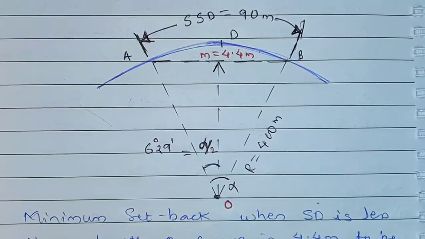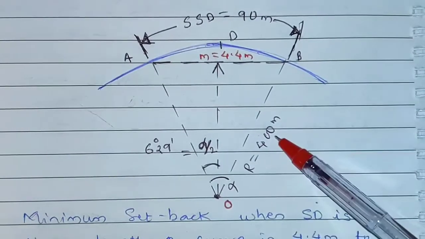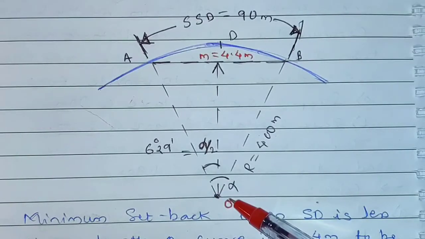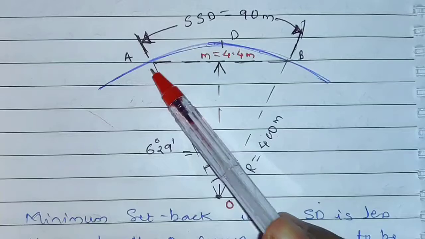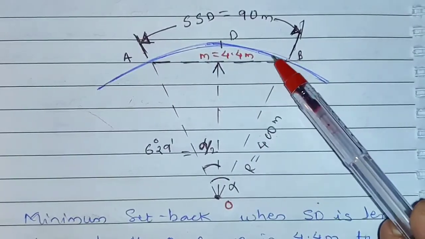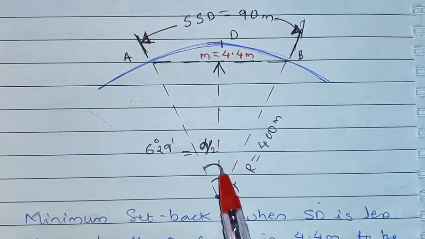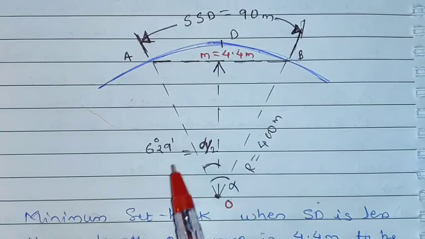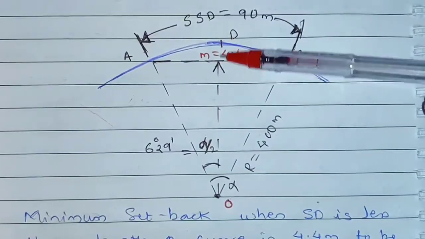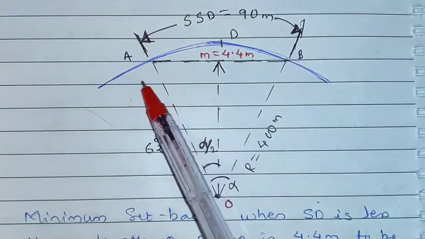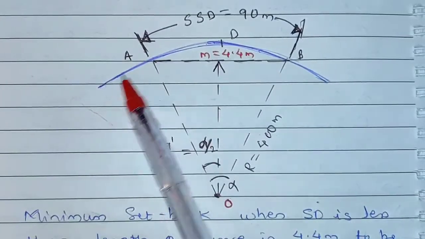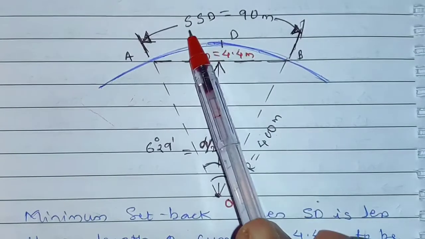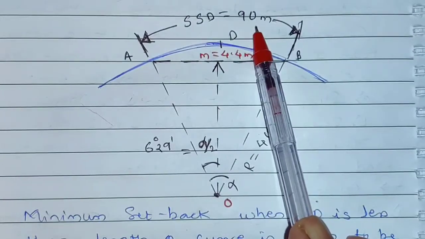Now if you observe the figure, we have the radius R as 400 meters, angle alpha formed by the triangle connecting the points A and B, that is for the stopping sight distance of 90 meters, and alpha by 2 as 6 degrees and 29 minutes. So here the setback distance which has to be provided in order to have a clear vision from point A to point B on this curve will be 4.4 meters with this stopping sight distance of 90 meters.